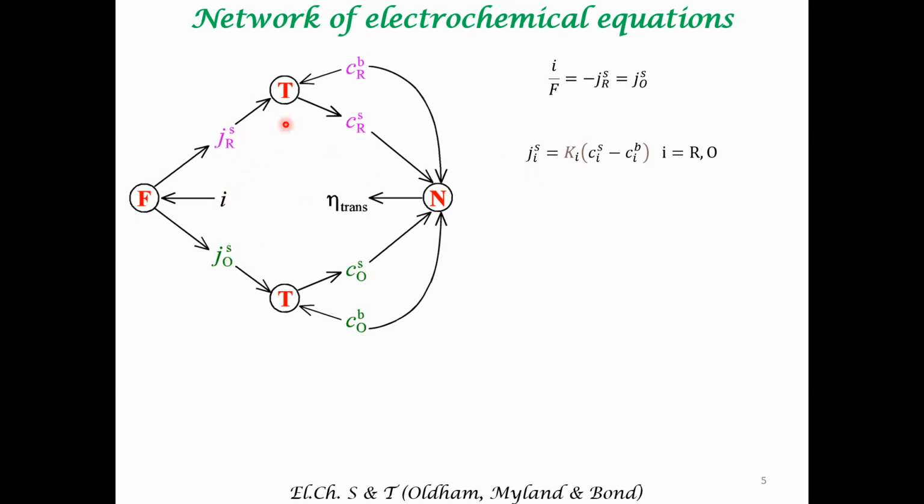And then there is a Nernst equation, or a null Nernst equation, that I can write based on the bulk concentrations. That would only be of relevance in the resting state, that is the null potential at the resting state.